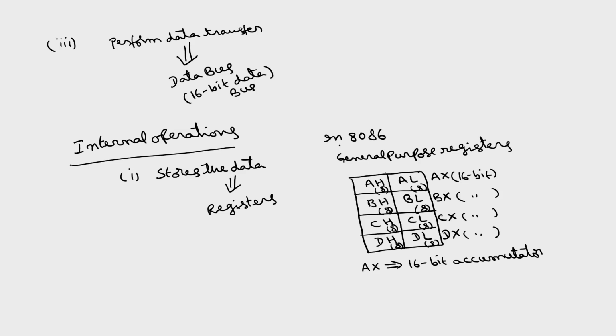There are some other registers called base and index registers. They are called 4 base and index registers, 2 base registers and 2 index registers. They are all 16-bit registers.